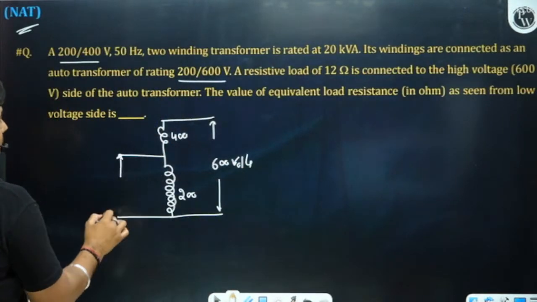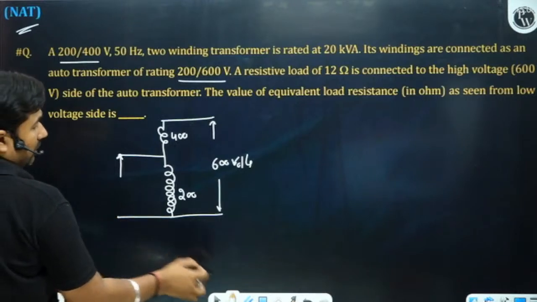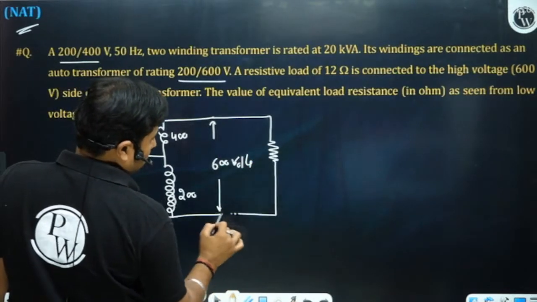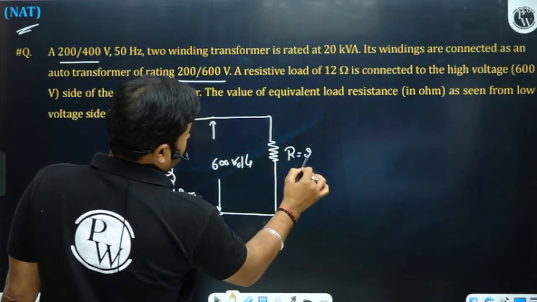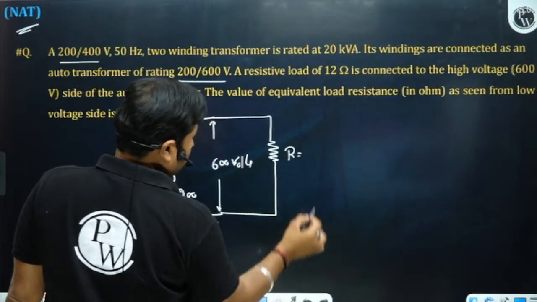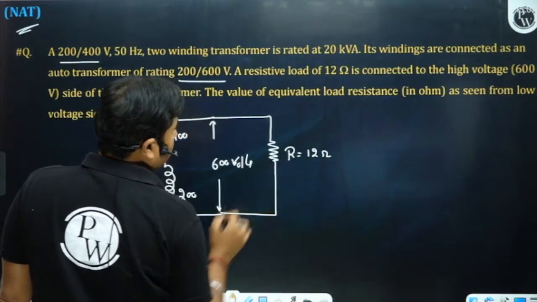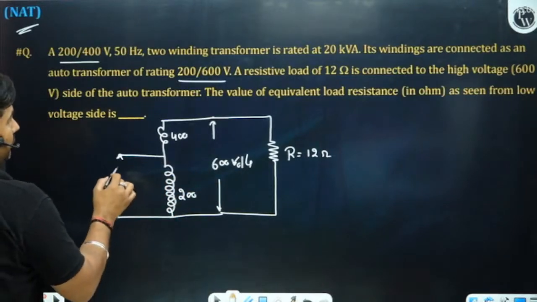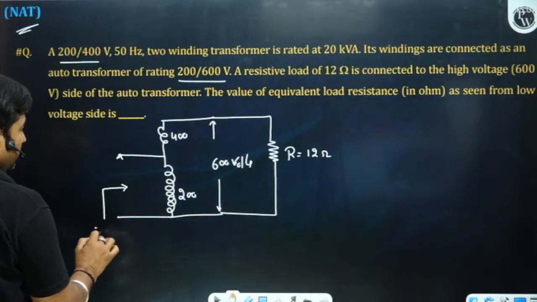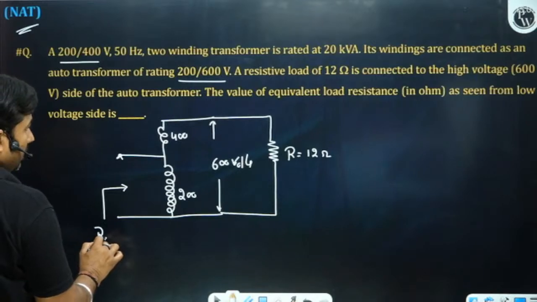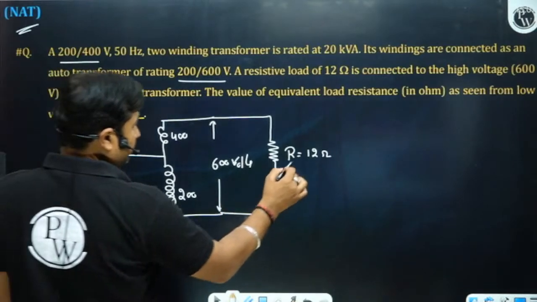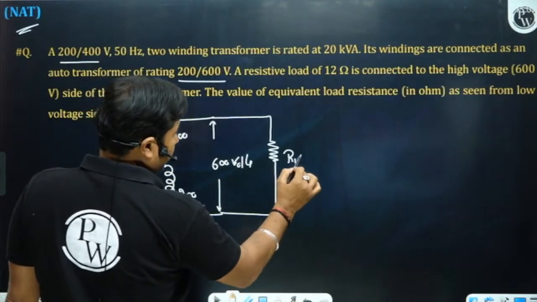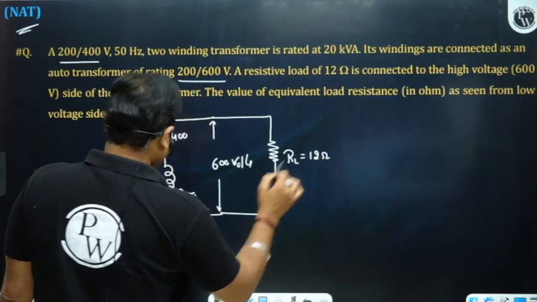And a resistive load of 12 ohm is connected onto the 600 volt side of the auto transformer. So what is your RL dash? If this is your load resistance RL, then what is your RL dash?